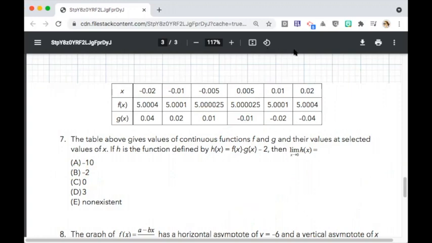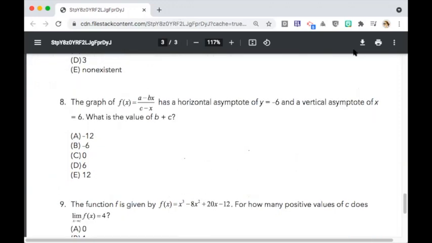Okay, so we're almost done. Let's look at 8, 9, and 10. Here goes our graph. It says the graph of f of x has a horizontal asymptote. So hopefully what you remember from asymptotes is you can find it by looking at the degrees of the polynomial from the top and bottom. If the top is bigger, there's no horizontal asymptote.